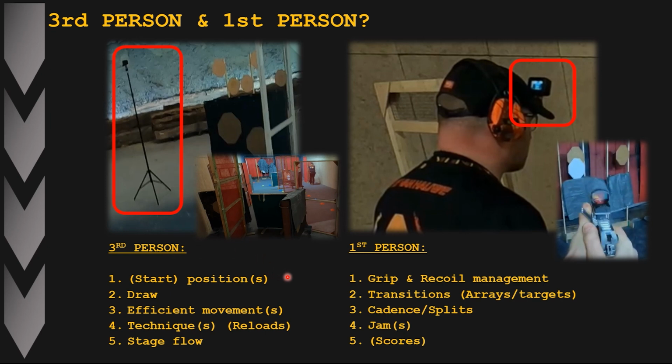Same but reverse, you have people that never take first person footage but only film themselves from a third person perspective, which again is fine if you want to do that, but as before, you are excluding yourself from a whole bunch of very interesting data that you can use to analyze and also improve your performance in later sessions. So that's why the combination of both I really recommend if you are serious about improving your performance using video.